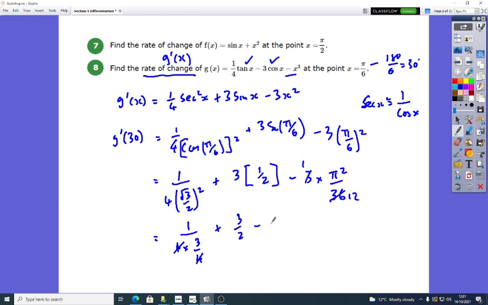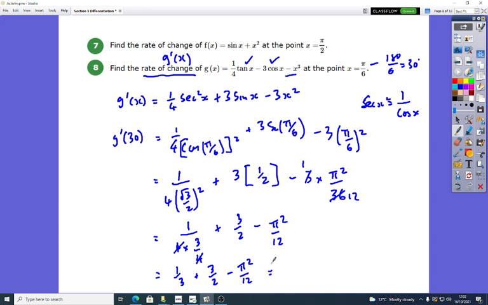So I'm going to end up with pi squared over 12. And now I can simplify this quite easily. Well, I'll put one more step in. That's 1/3 plus 3 over 2 minus pi squared over 12.